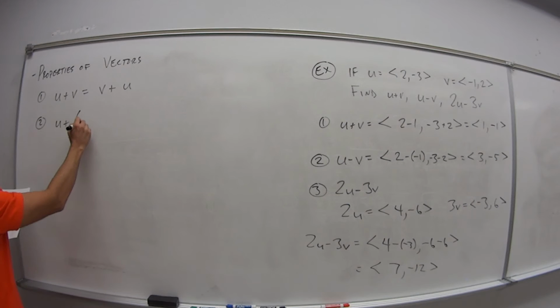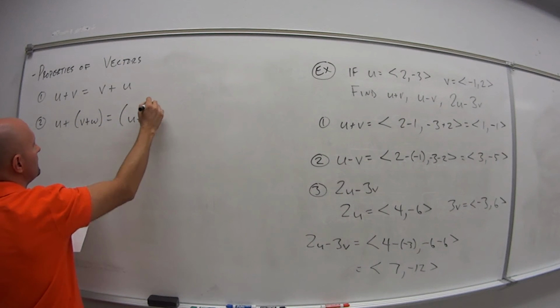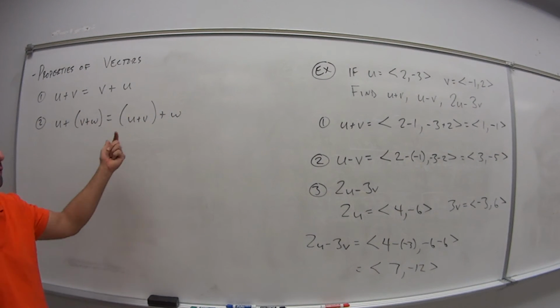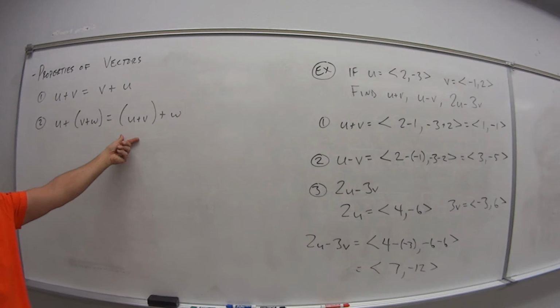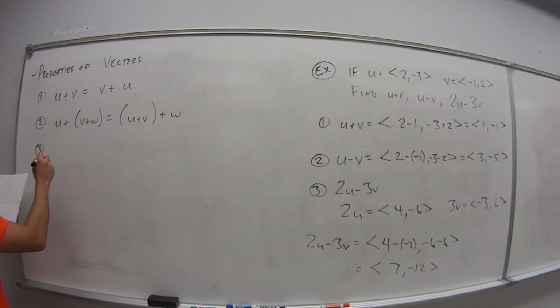U plus V plus W is the same as U plus V plus W grouped differently. So if we have 3 of them, it doesn't matter which order we add them, we get the same result. These are our addition properties.